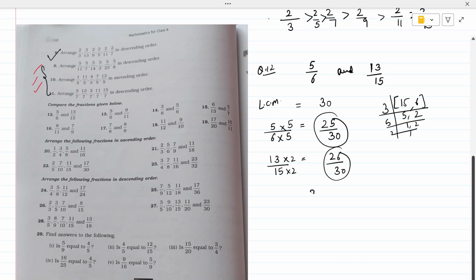We see that the denominator of both fractions is the same. If the denominator is the same, the fraction with the bigger numerator is bigger. So 26 by 30 is bigger, which corresponds to which fraction? 13 by 15. So 13 by 15 is greater than 5 by 6. This step you have to mention in the end.